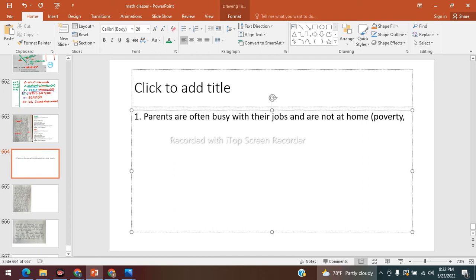Or it could be because of covetousness, right? So if they're very poor, or it might not just be poverty, it could be growth.